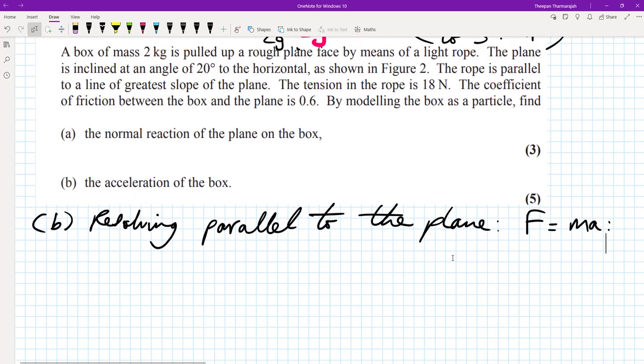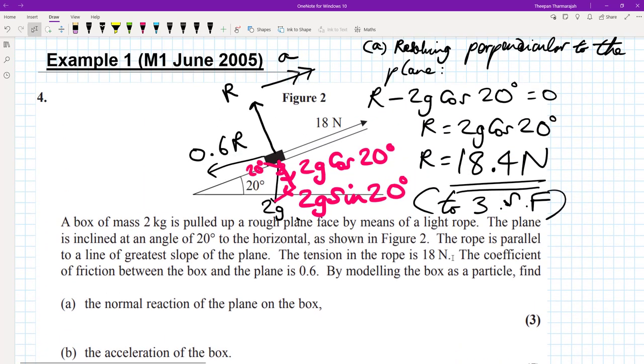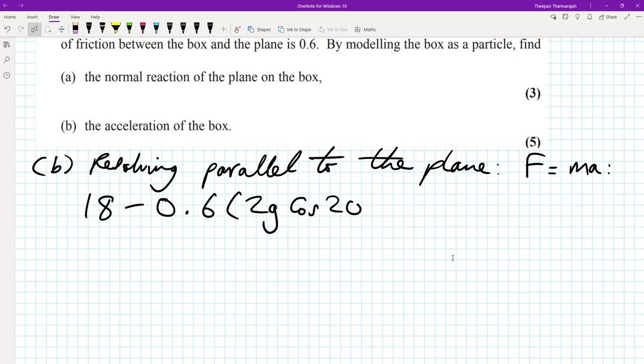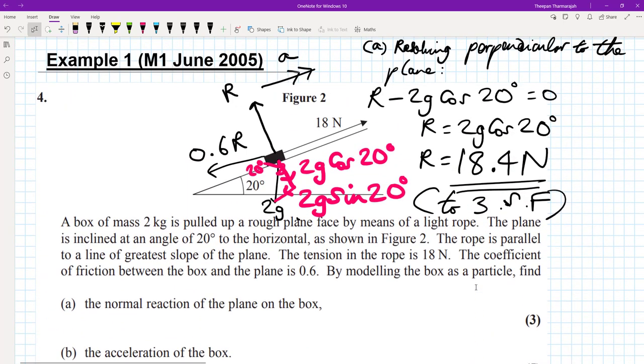Well, if we resolve in the direction of motion, so it's moving up, we do 18 minus 0.6R. We know what R is. We said that was 2g cos 20. And then we also need to minus the other force coming down, which is 2g sine 20.